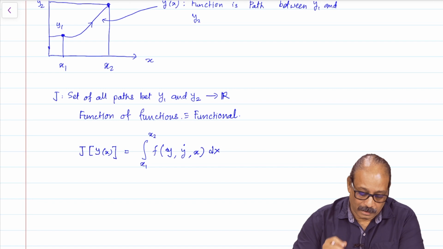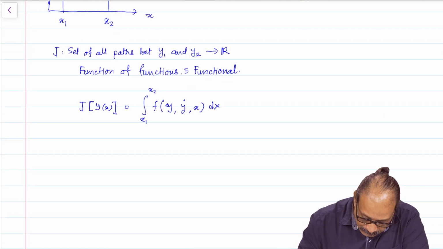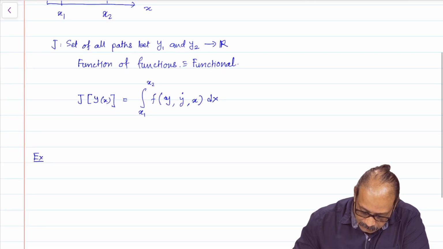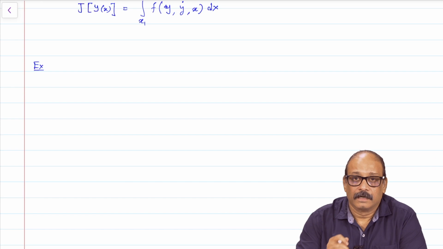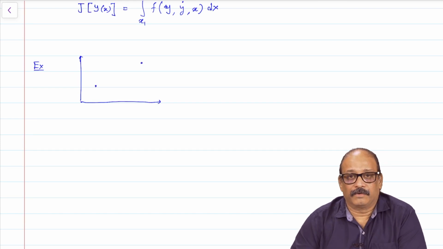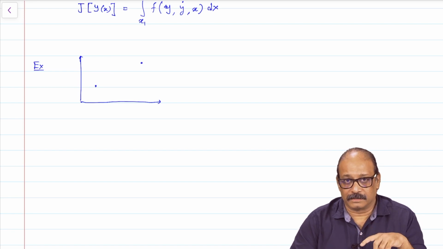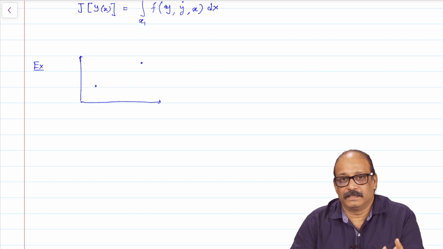Now, here are some examples. In the first example, think of a plane in which you are given 2 points and we want to find out which path gives the shortest distance between these 2 points.